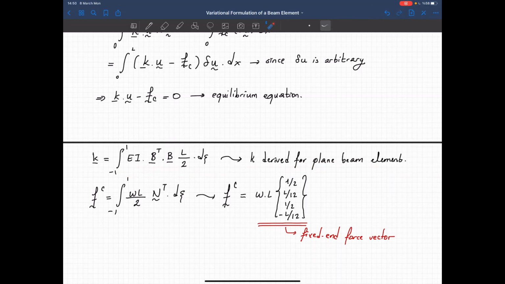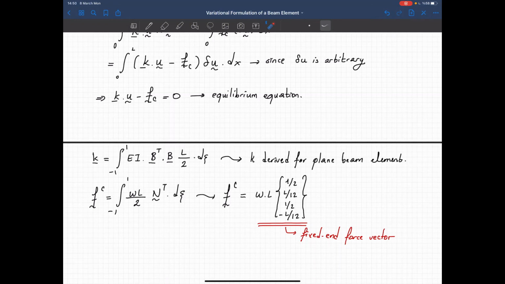And likewise, when we evaluate the consistent force vector, we get the same fixed end forces that we obtain by solving the governing differential equation for bending deformations. Okay, so of course, since I put the same deformed shape, I obtain the same matrices.